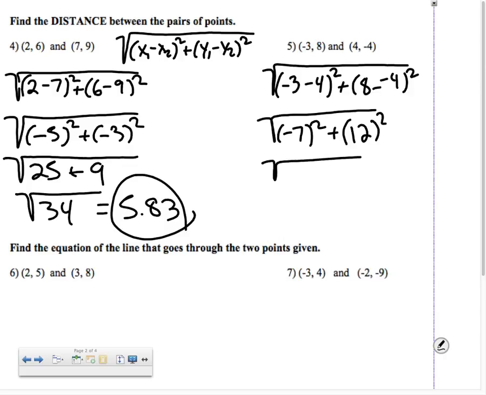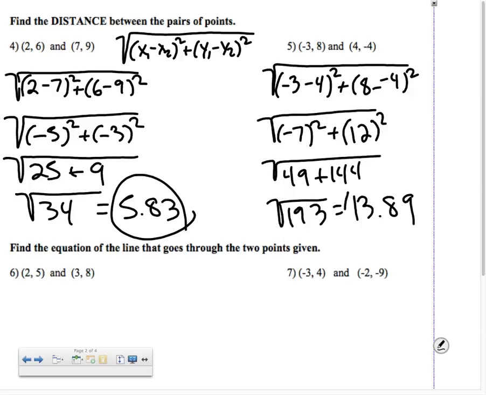So if we do some arithmetic here, negative 7 squared is 49, not negative 49, plus 144. So that gives me 193, which would give me 13.89. That is the distance there. So you plug in, check out an answer. Again, there is really no two ways about it.